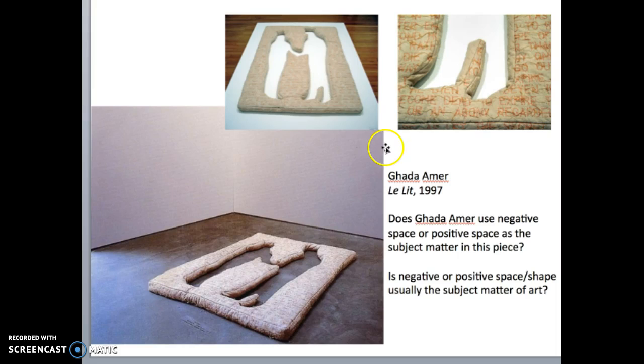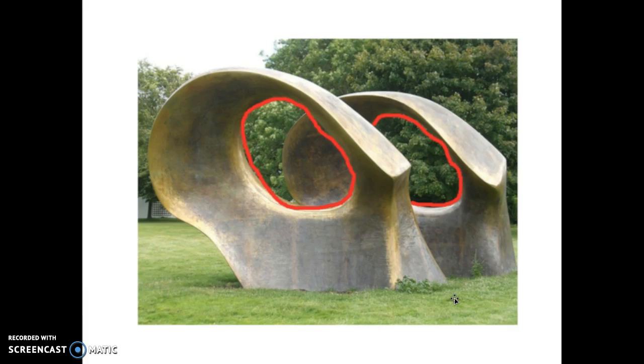And traditionally, we see positive space or positive shape making up the subject matter of a work of art, right? So in Henry Moore's sculpture, we've got the positive space that's the subject.